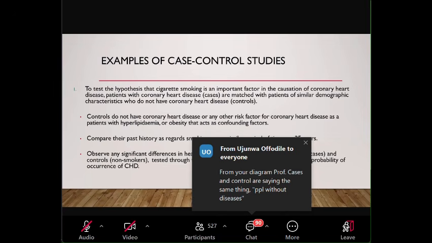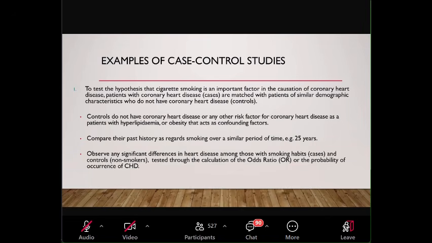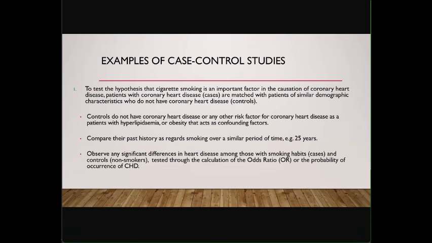We get two similar groups that are matched in all characteristics, except that one group has the disease and the other group does not have. So controls do not have the disease, right? While the cases have. So we compare their past history regarding smoking, maybe over the past 25 years. That is why we are comparing their exposure, their past history.